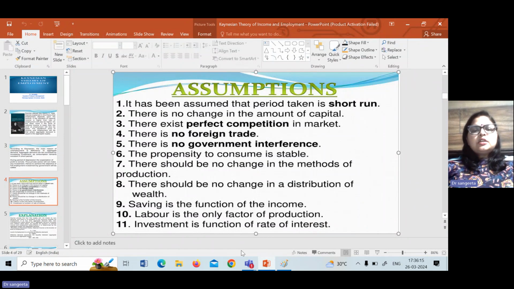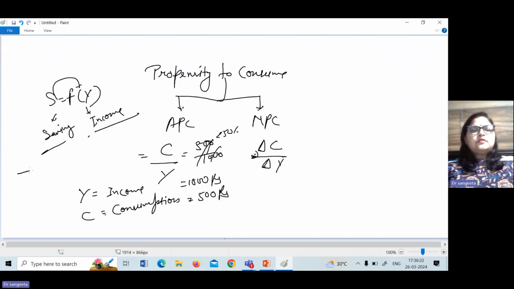And investment is a function of the rate of interest. Investment, I stands for investment, is a function of the rate of interest. The rate of interest means the borrowing rate. If the rate of interest is higher, then investment will be low.